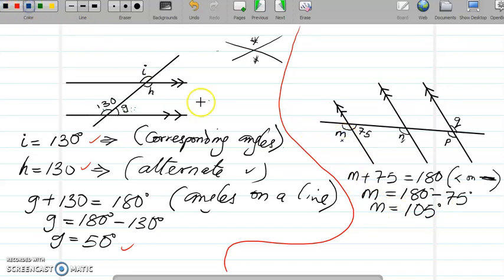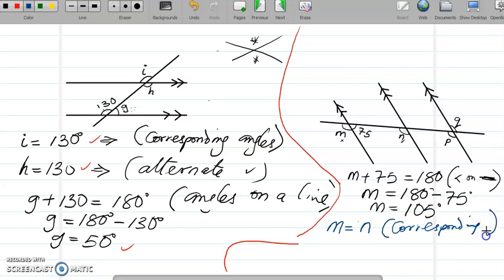So since I have that M is 105 degrees, this also will be 105 degrees. That is, M is equal to N. And the reason there is they are corresponding angles. We have done that.